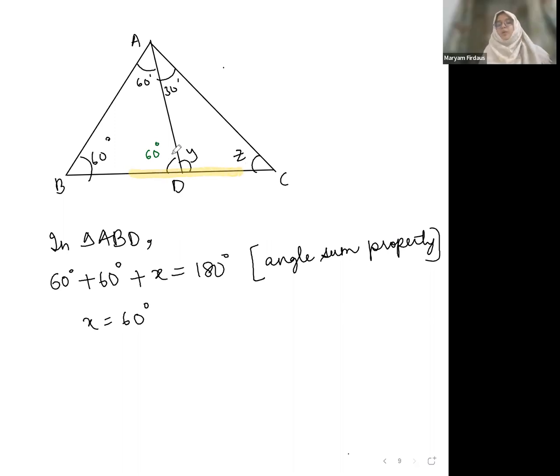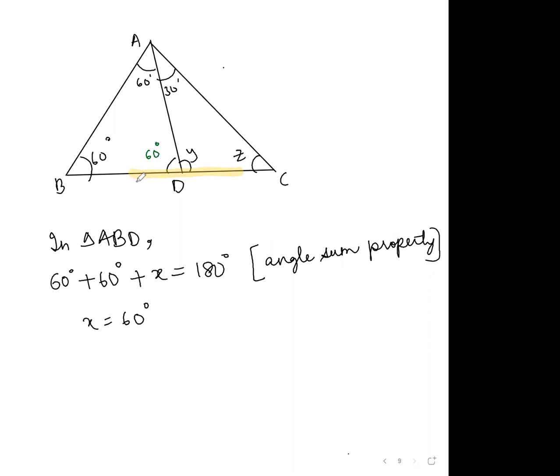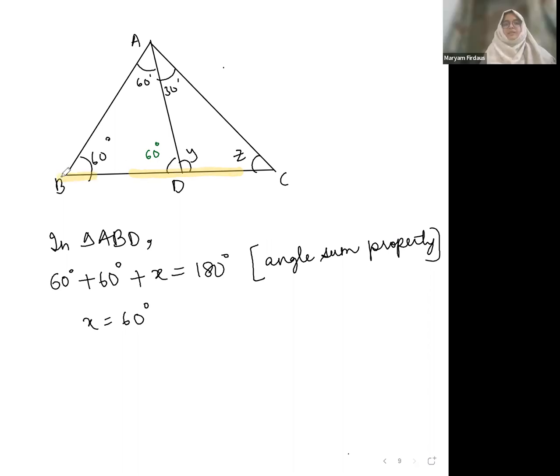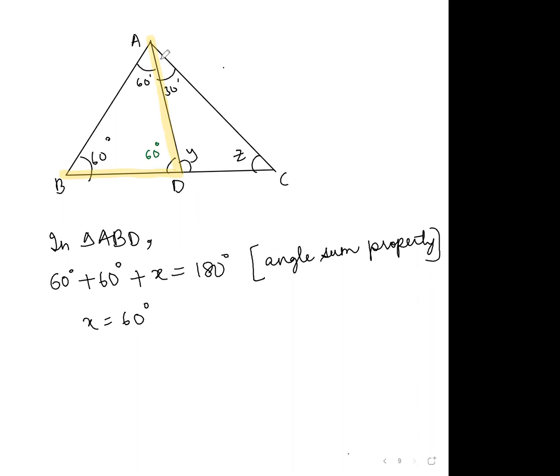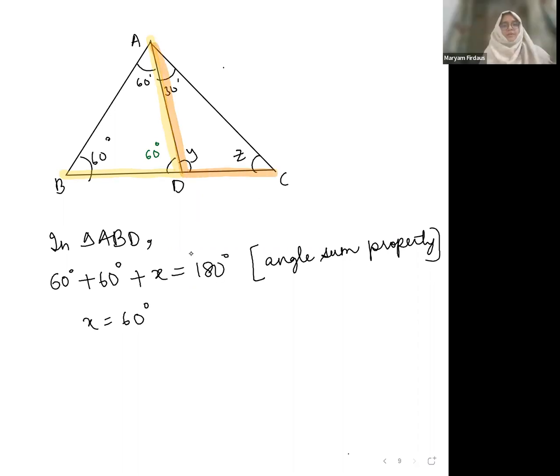Name the angle properly. Angle BDC. Angle BDC is this straight angle. Which two angles are forming a linear pair? Angle BDA and ADC. Very good. ADC are forming a linear pair.